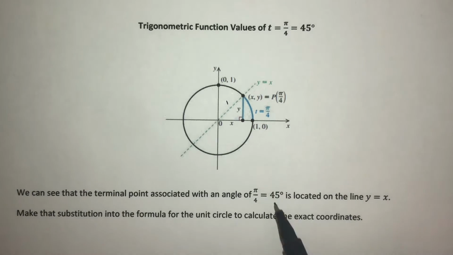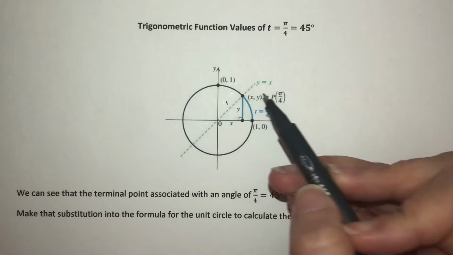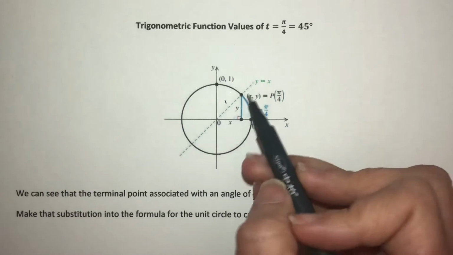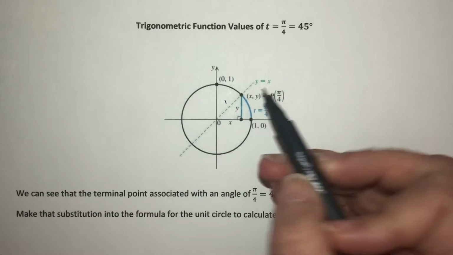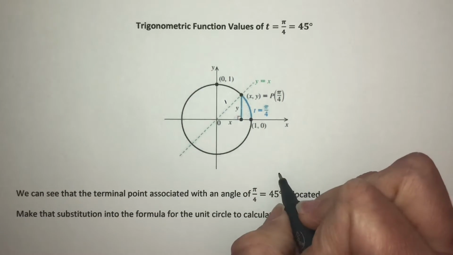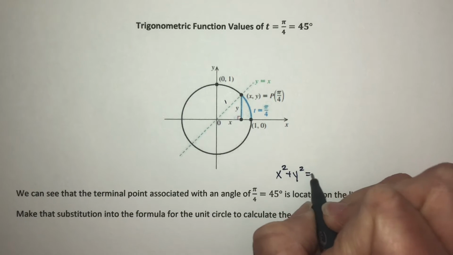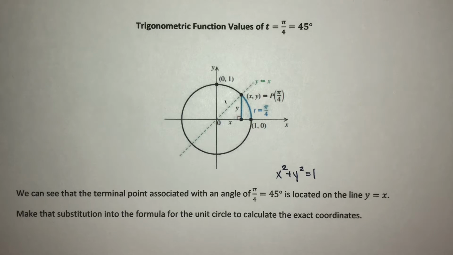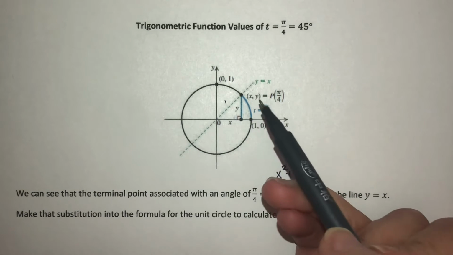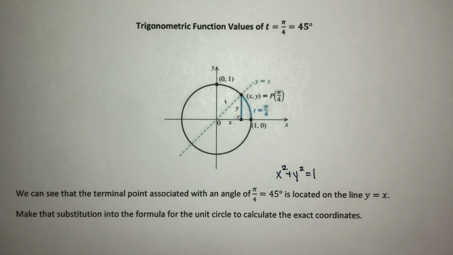But we can see that it's definitely on this line, and we know that we're looking for this point that is on the unit circle, and that points on the unit circle have to satisfy x squared plus y squared equal to 1 by definition. So since I know that my x and y have to be the same, I'm just going to substitute y equal x, or I could do x equals y, it doesn't matter.